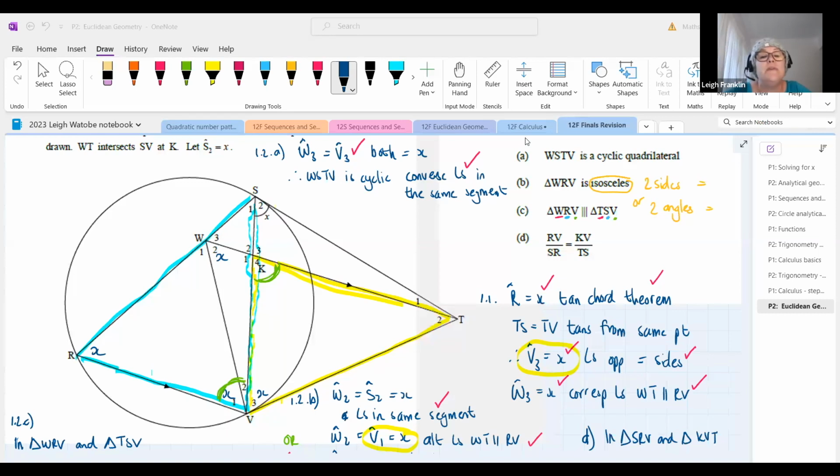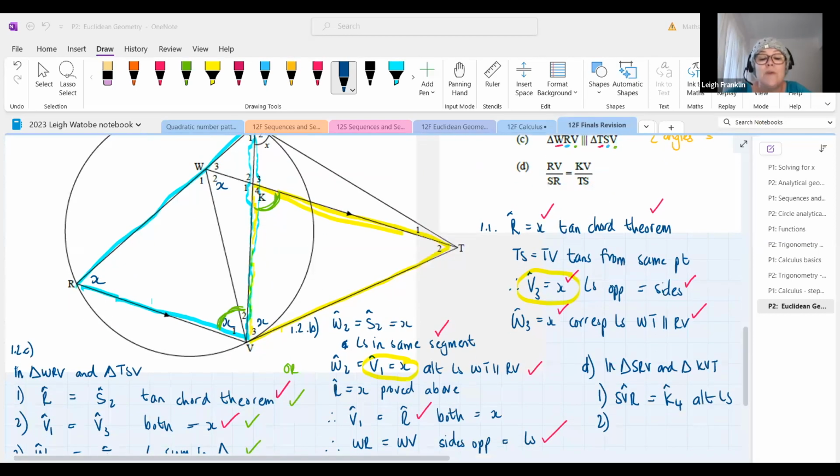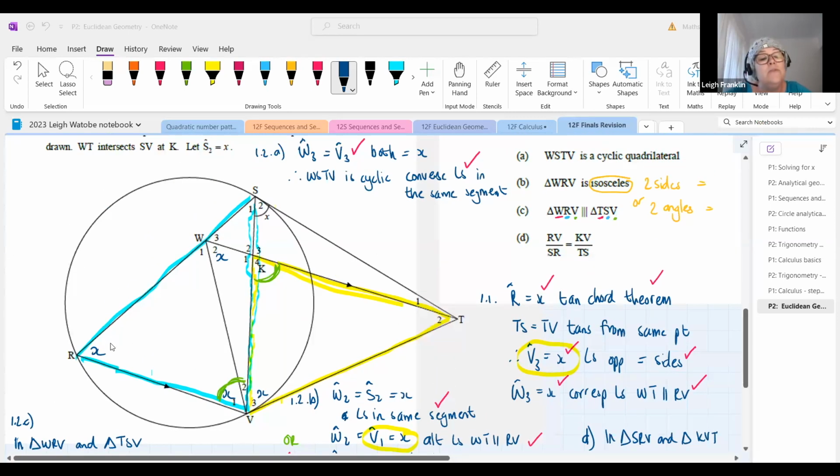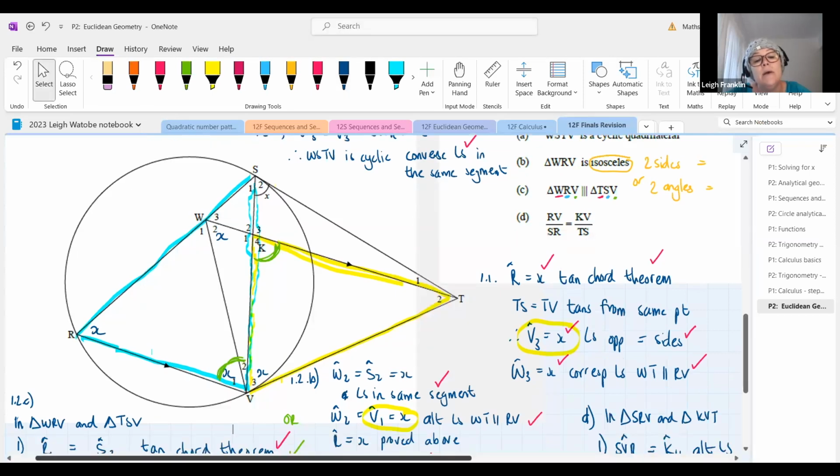Okay, we don't know anything about lengths of sides here, so that's why we've got to do it angle, angle, angle. So look here, guys, angle V3 and angle R are equal to one another because they're both equal to X. Do you see that? I had rubbed it off when I rubbed the other lines away, but angle V3 is equal to angle R. Remember that.